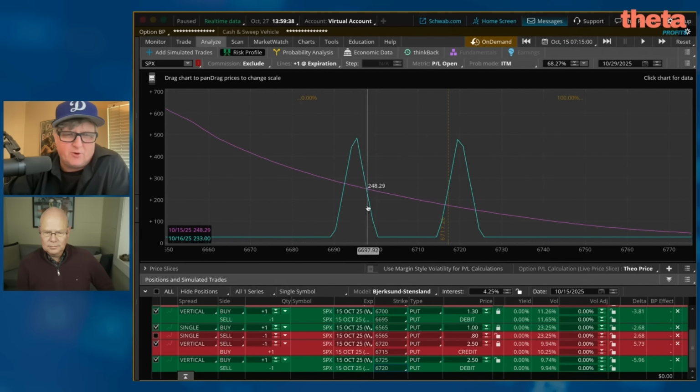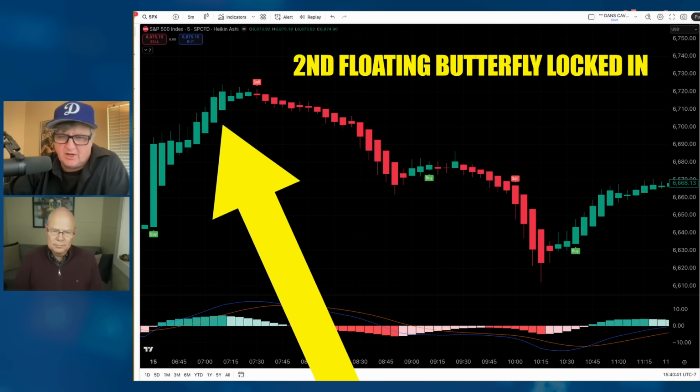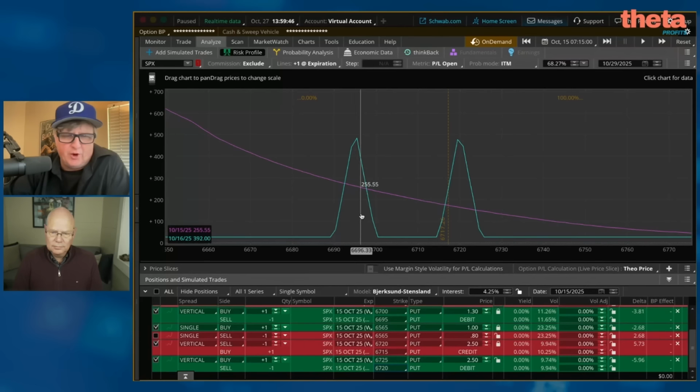As long as I believe the market's still moving up, I would just continue to stack these up, preferably right next to each other, because at some point when we have a stack of these, each time we add one of these, we're going to increase the total profit on the bottom line there. So if the first one, maybe we had 100 guaranteed profit. When I put the second one on, we could have 200. If I put the third one, we could have 300. So we're raising the entire structure with however many butterflies we can get on there.